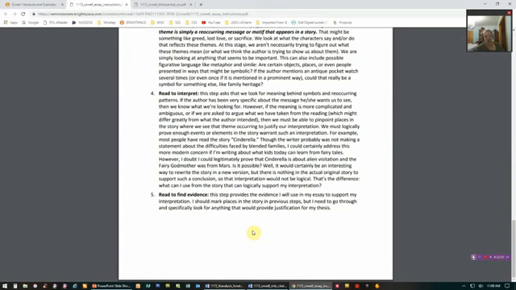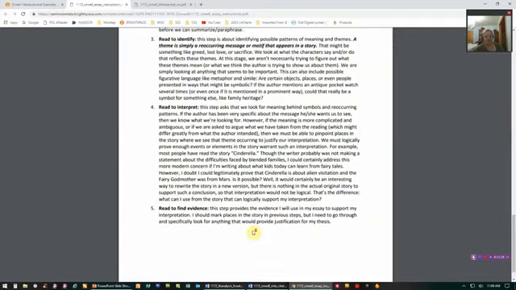So oftentimes when I'm reading to interpret, I'm also marking themes, and I'm kind of building up this interpretation as I go along, and I'm making notes, and I'm circling, thinking, oh, this would definitely be a good way to support this point, right? So I can overlap the themes if I need to, but these are all the things that you need to be doing when you are interpreting the story, okay?